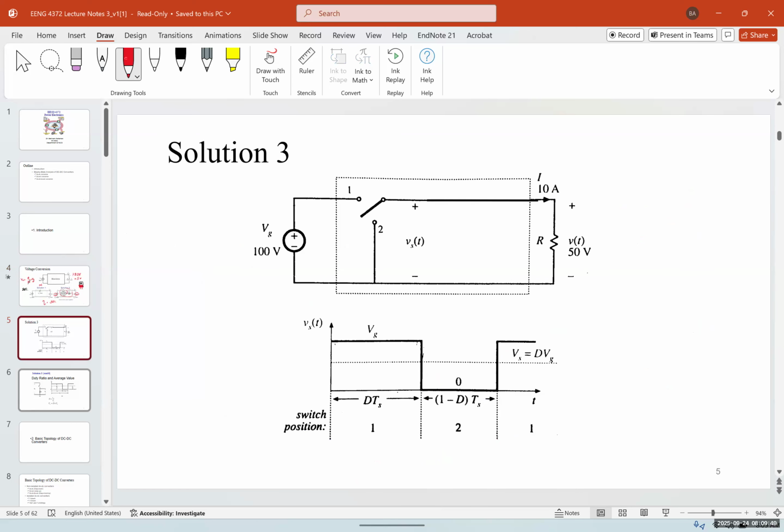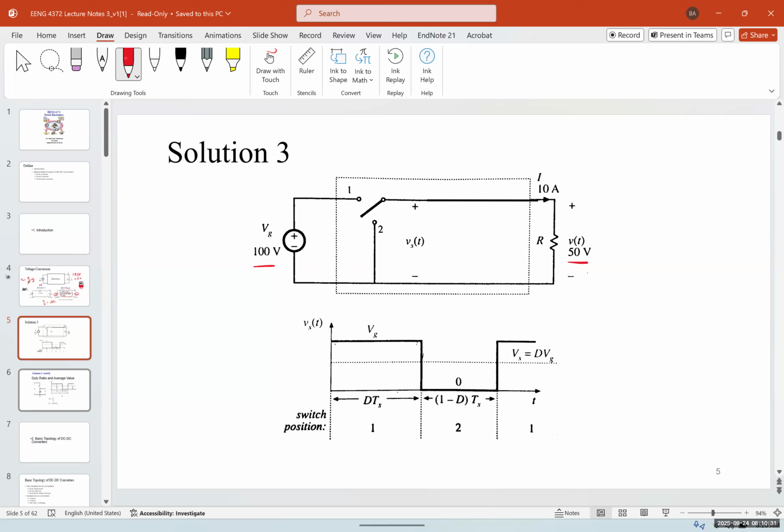Now we get to our third and most efficient solution, which is to use switching. And this is in the same example of a 100-volt to a 50-volt system. By simply switching, and for this particular case, because we want to halve the voltage, we want to go from 100 to 50, we can divide the switching positions in half, meaning half of the time in a second it's turned on, and the other half it's turned off.